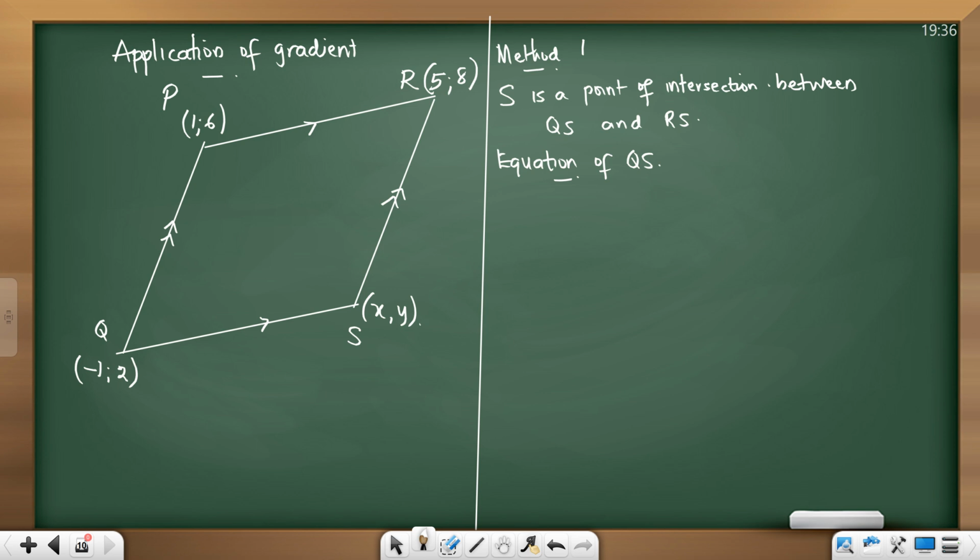But my challenge is, do I know the gradient of QS? Do you think I can get it? For me to get the gradient, I'm thinking y2 minus y1 over x2 minus x1. But unfortunately, I don't have S. So what should I do? Let's think.